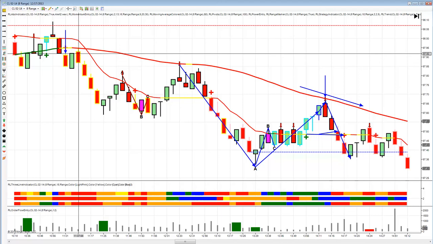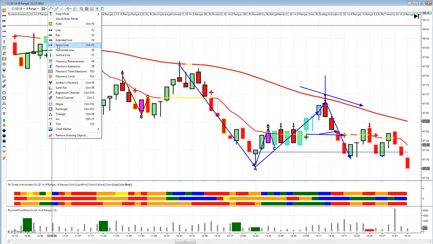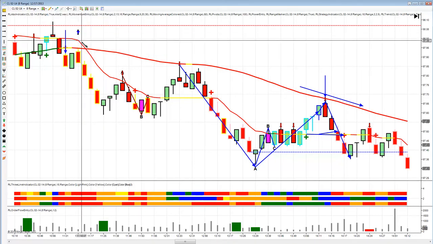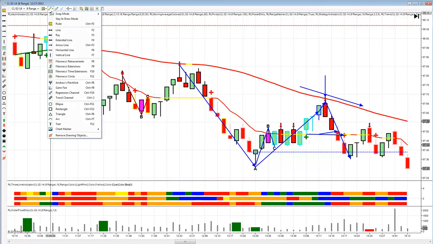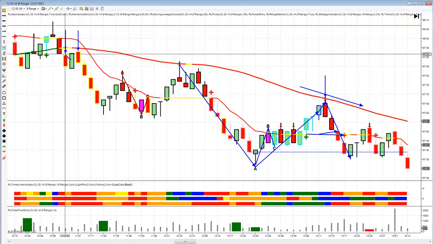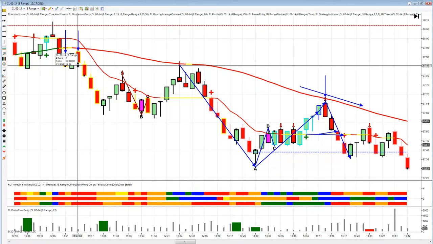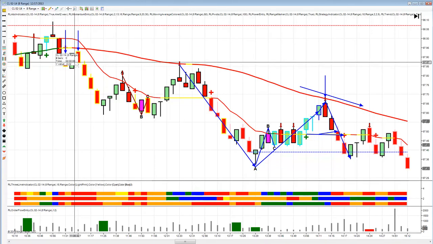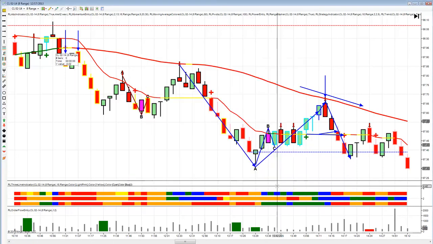Then the market retraced back to the 50. We got another breakout signal here, and now down we go. That's the benefit of trading with the kind of specificity that we're looking for.